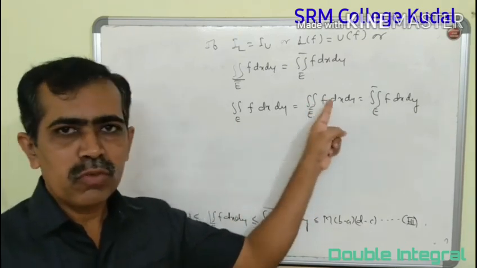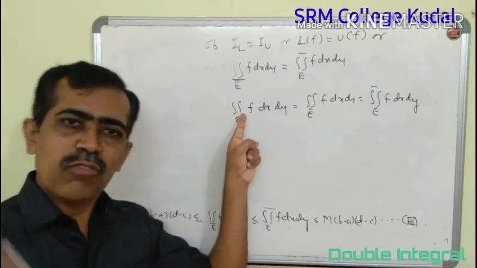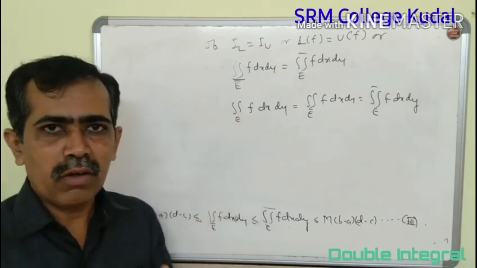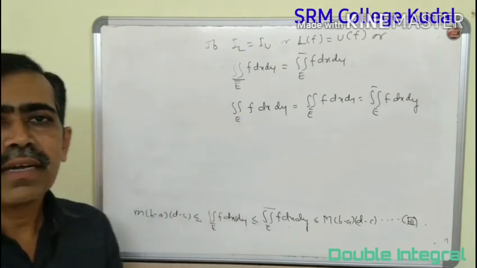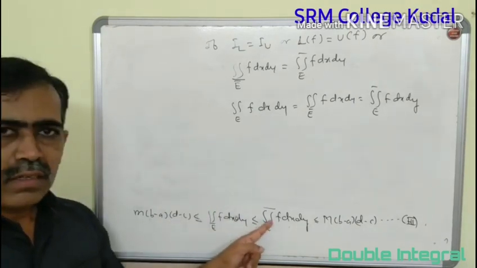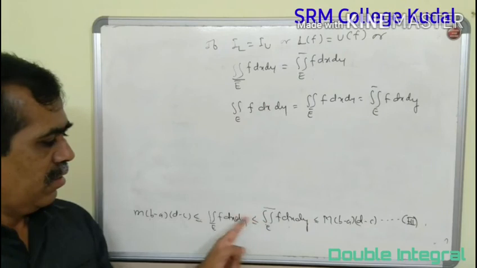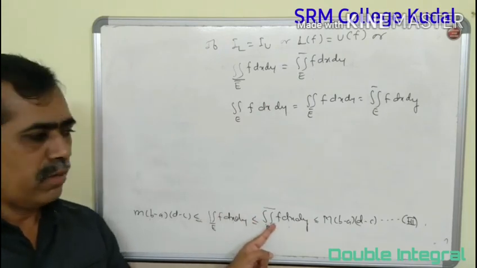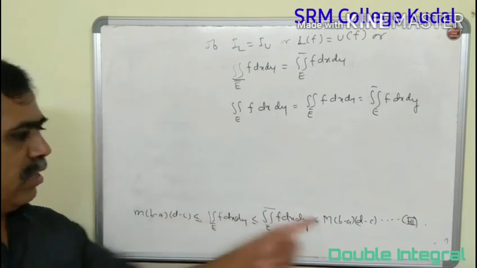The common value of these two is this, and it is called the Riemann double integral of f over the rectangle E. Now from inequality 3, what you know is that the lower integral and upper double integral lie between these two numbers.